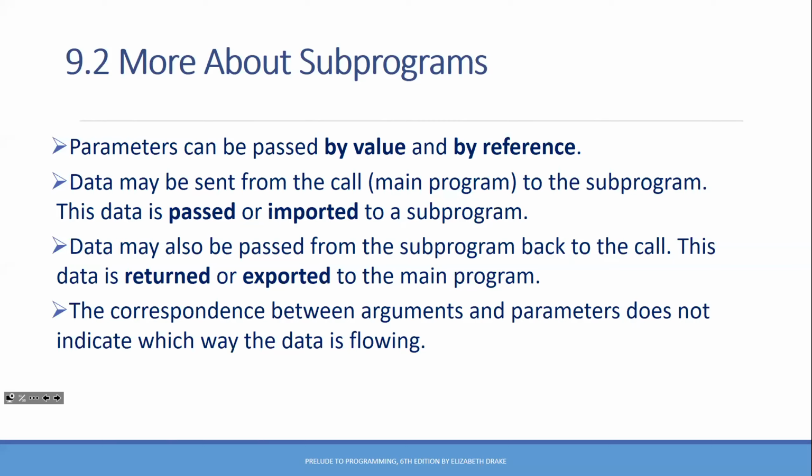When we're passing these parameters into a function, the input to the function, we can actually pass things in two ways. Let's draw a picture up here. I have function 1 and function 2.